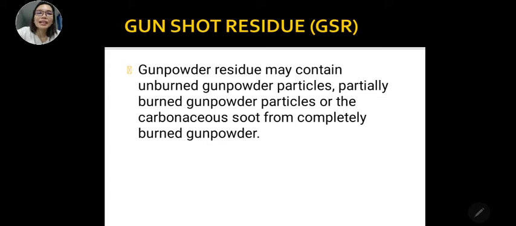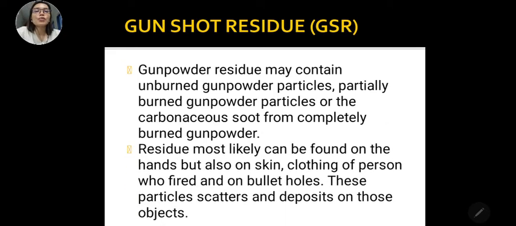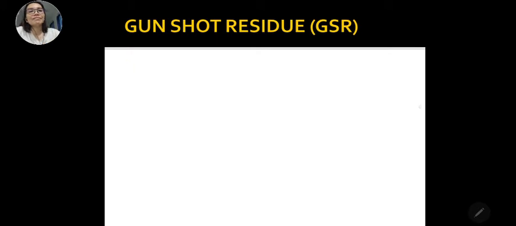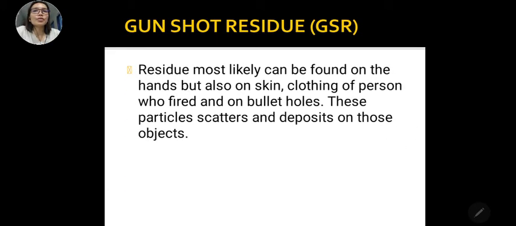So, yung mga natitira, yun yung mga tinatawag na natin na gunshot residue. Residue most likely can be found on the hands, but also on the skin, clothing of a person who fired a gun and on the bullet holes of a victim. These particles scatter and deposit on those objects.